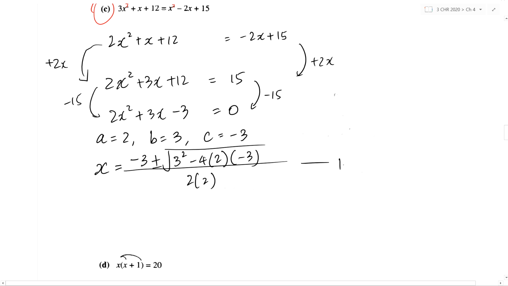This is 1 mark. 3 squared minus 4 times 2 times negative 3, square root 33.